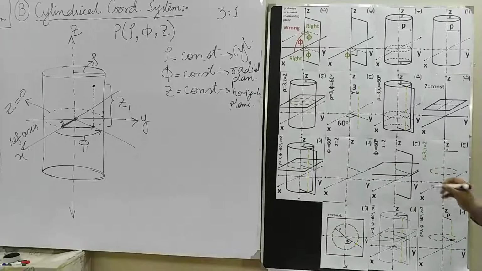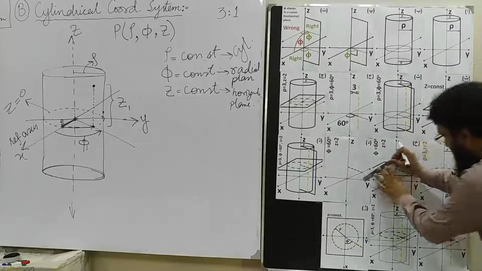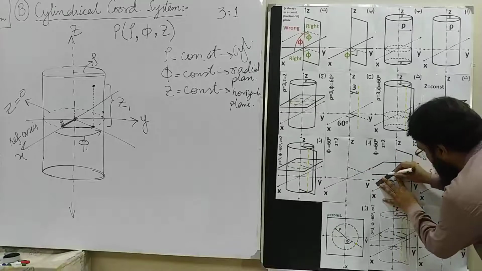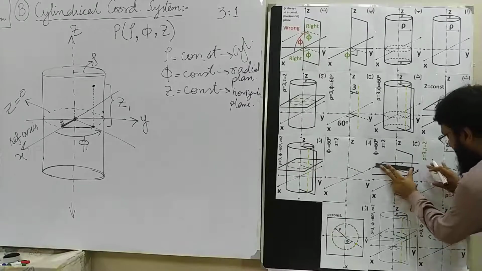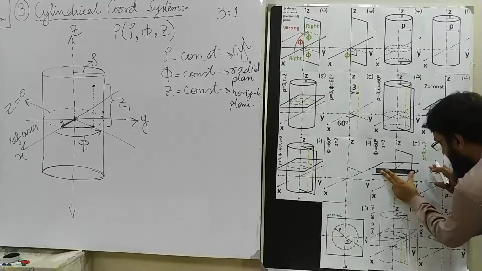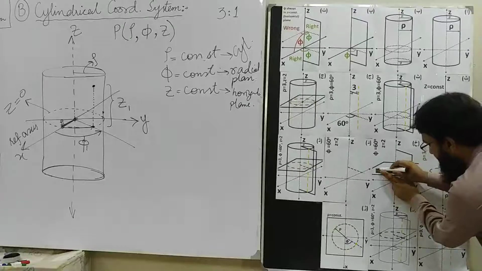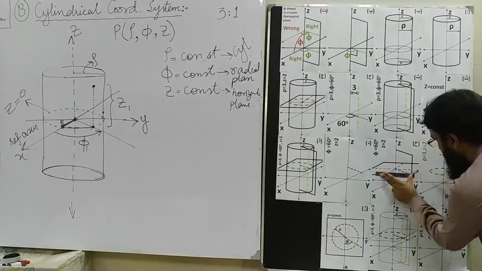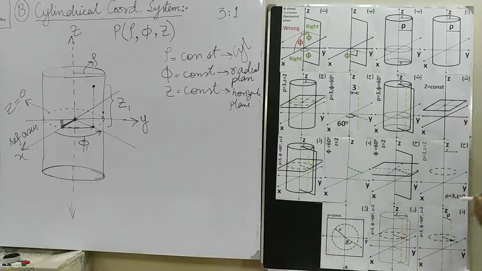This plane must be intersecting the z-axis at z equals 2. All right, z equals 2.